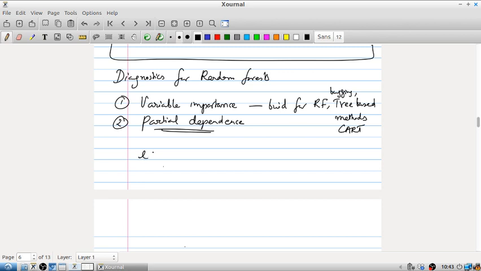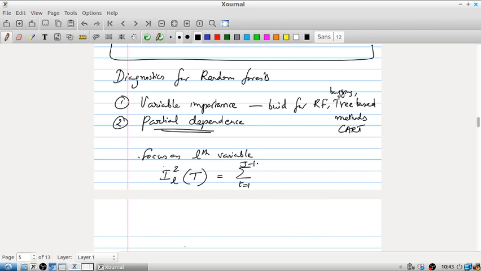Let's say we focus on the Lth variable, and I'm just going to give you a formula for the importance, which will have too many superscripts and subscripts: the importance of the Lth variable for the tree T. There's a square because it's a squared measure, which is going to be equal to a sum over little t equal to 1 to j minus 1.